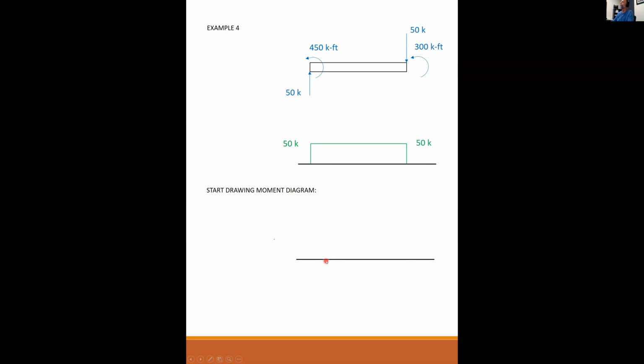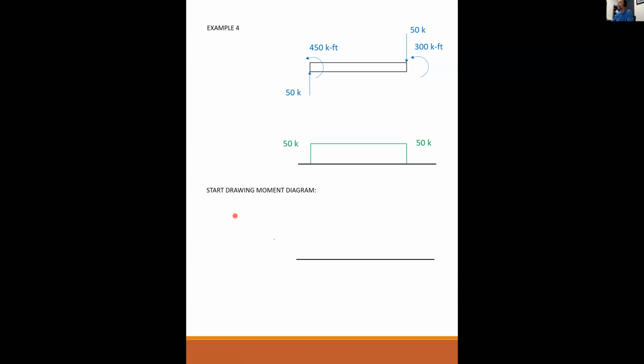Now the moment diagram. Okay, now here's the trick. What is the very first thing that the loading diagram does with respect to moment? It starts at a negative 450 kip feet. Let me rephrase that slightly. You're right, but it starts at 450 kip feet.